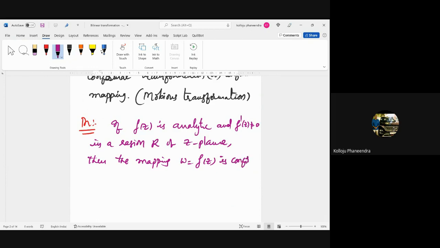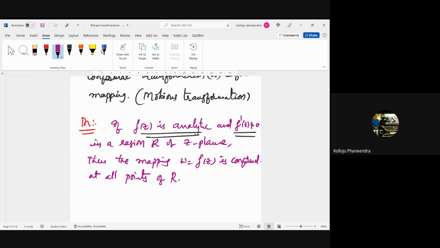This is the theorem. So to check whether the given transformation W equal to f of z is conformal or not, the function must be analytic and f dash z not equal to 0 at all points of R.